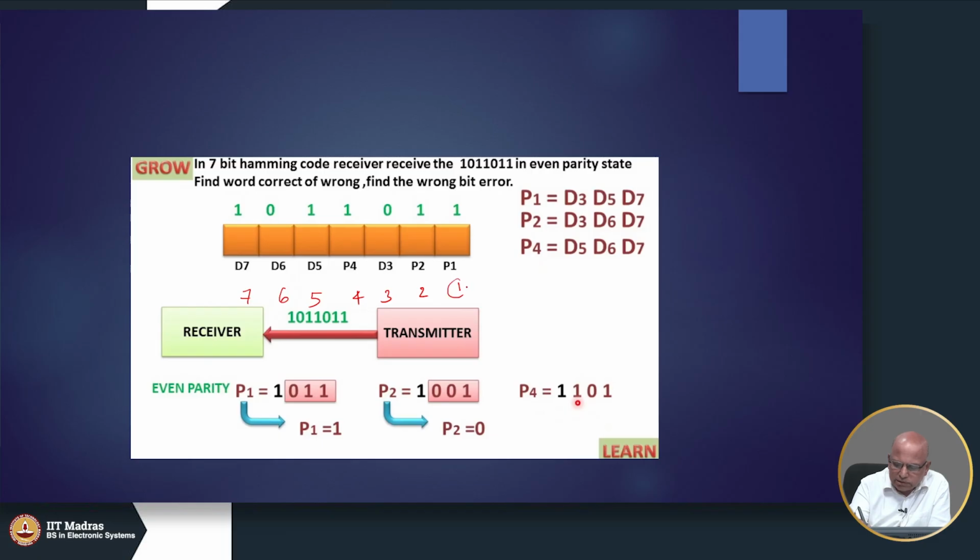The parity bits are placed in positions 1, 2 and 4. Why are they placed there? If you write down 1, it is 001. If you write 2, it is 010. If you write down 4, it is 100. That is the reason we have chosen these positions, and the data fits in the remaining positions.